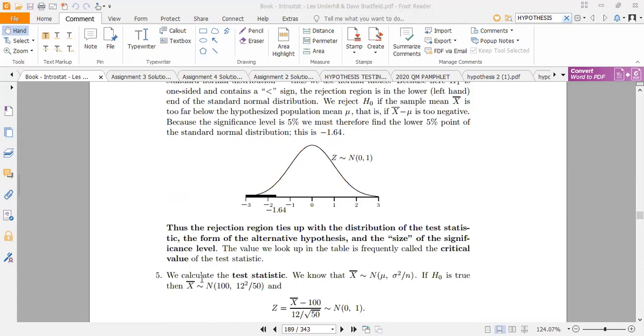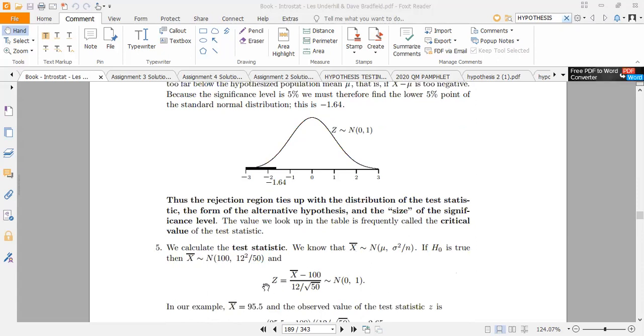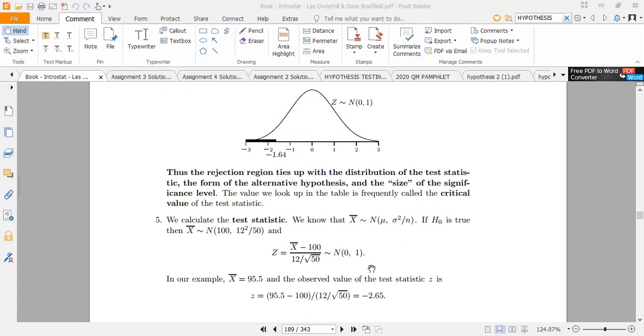Then our fourth step is to calculate the test statistic. This Z formula is actually what we call a test statistic. It is denoted by (x̄ − mu) over sigma over root n. This is just the same as the formula that I was just showing you a while ago.